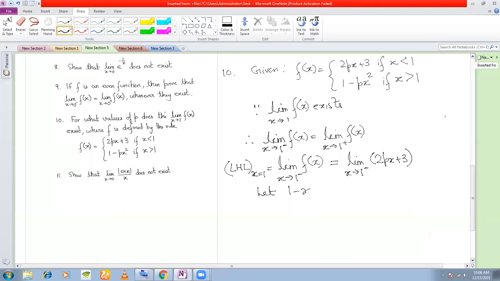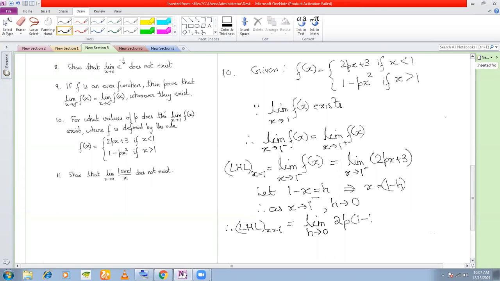We put 1 minus x is equal to h, so that we get x is equal to 1 minus h. Therefore, as x tends to 1 minus, h tends to 0. So therefore, what is the left hand limit at x is equal to 1? If you change everything now in terms of h, it becomes the limit as h tends to 0 of 2p times 1 minus h plus 3.